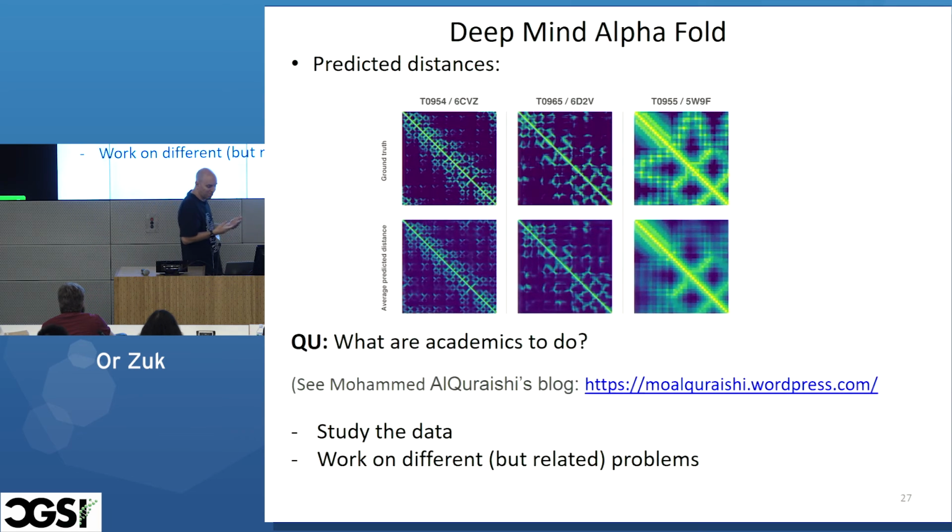So the question is, does it make sense to continue and try to compete with them? That's a good question, and I recommend reading a nice blog by Mohammed AlQuraishi, who is one of the researchers in this field, and he talks quite frankly about his feelings and where he thinks this field is going.